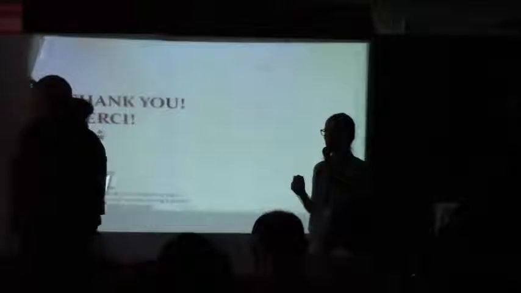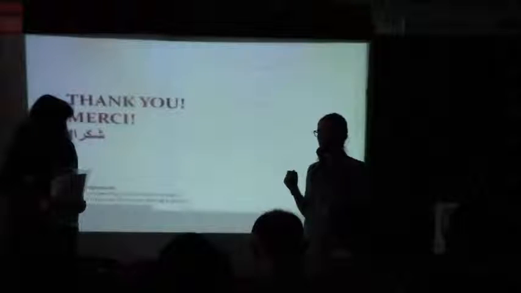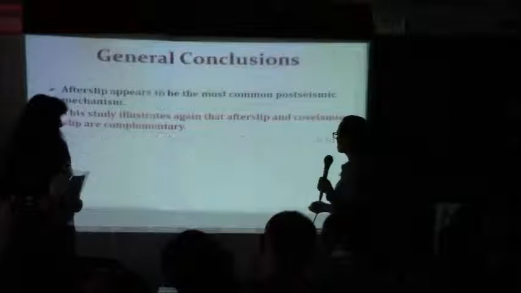Did you compare your afterslip with the aftershocks at all, and if so, how do they compare? I didn't have aftershocks, but now I'm comparing with the El Husseima case because I obtained the aftershocks data. So I have them, but I couldn't finish the modeling, so I just wanted to show you.